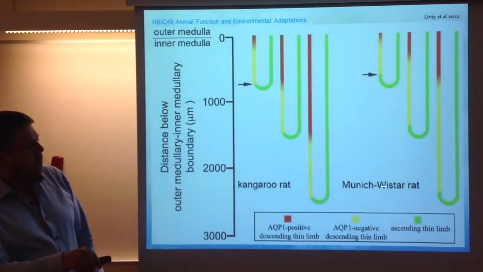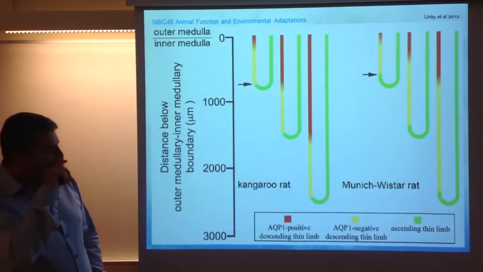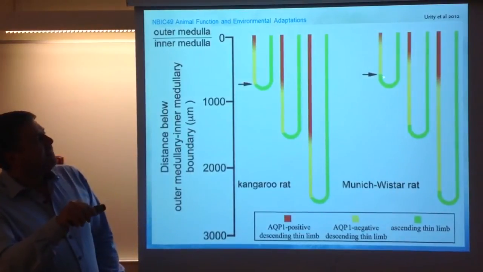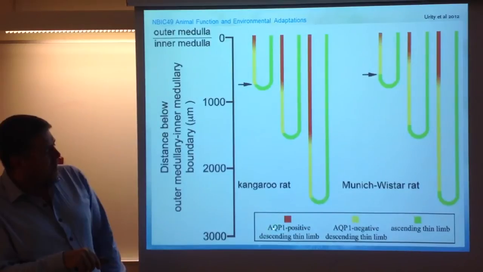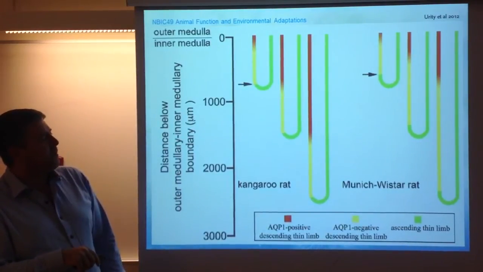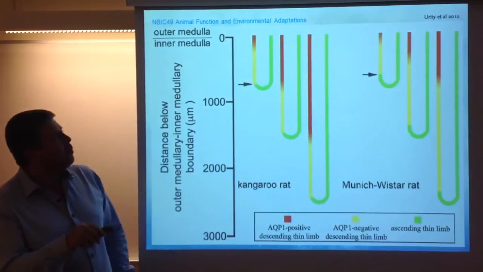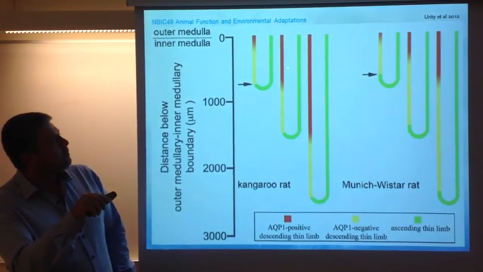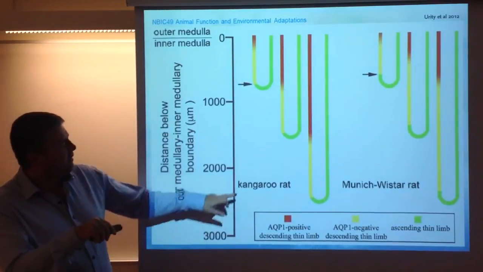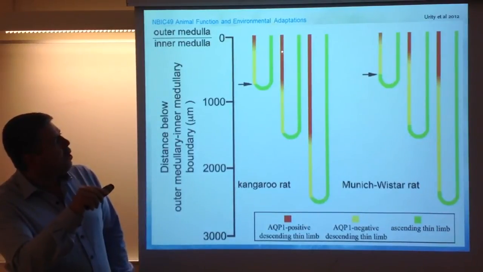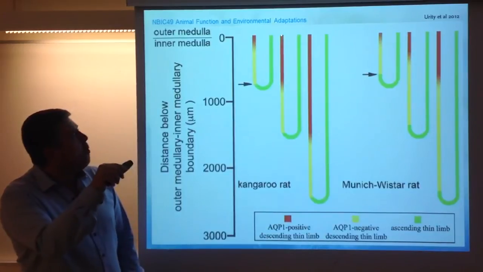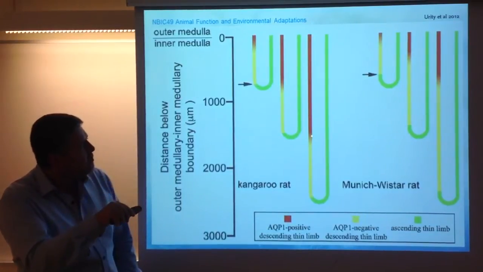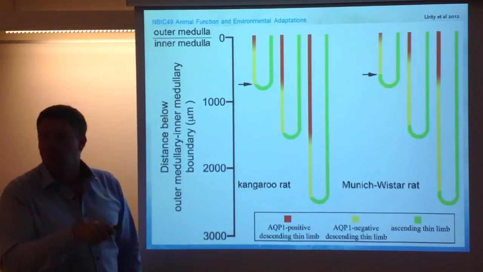In a normal regular rat, what you see here is basically the presence of the different markers, aquaporin 1 positive and negative in red, for example. The main difference is what you see here in red. Notice that in the kangaroo rat, the red parts that are aquaporin 1 positive go much deeper into the medulla than they do in the normal rat.